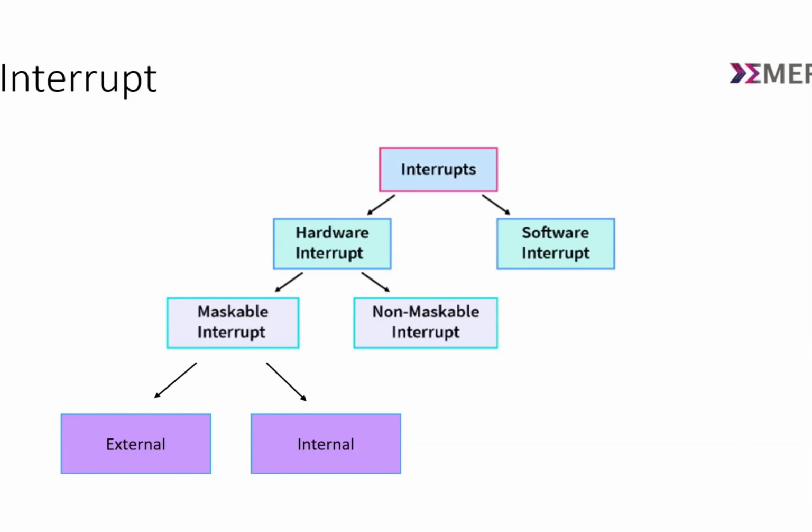So here are the interrupts: hardware interrupt and software interrupt, and in hardware interrupt there are two types, maskable interrupt and non-maskable interrupt. Maskable means we can ignore it and non-maskable means we cannot ignore it. In maskable interrupt, we have two types, external interrupt and internal interrupt.